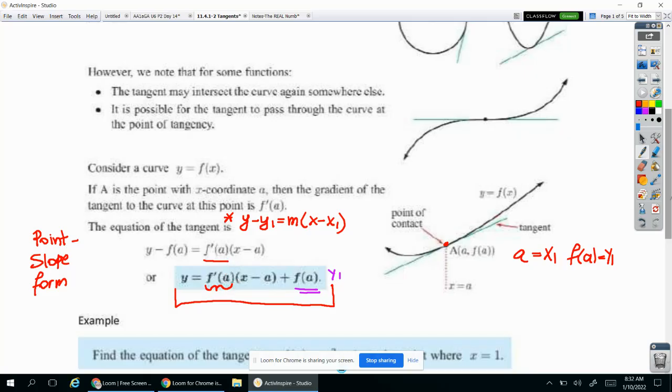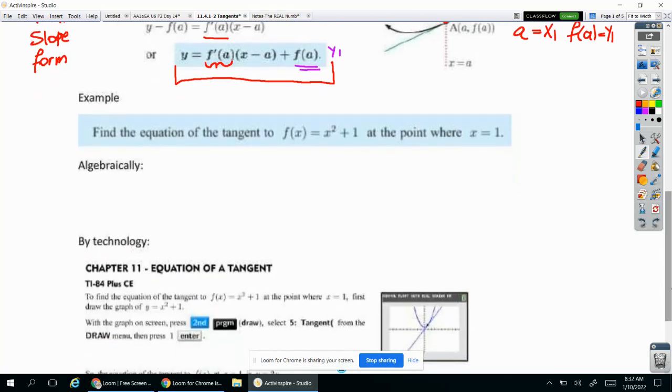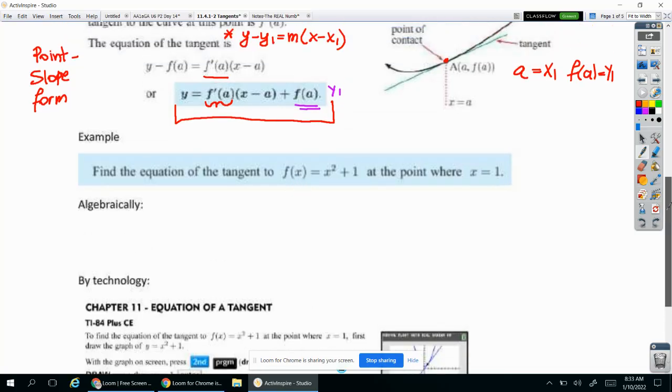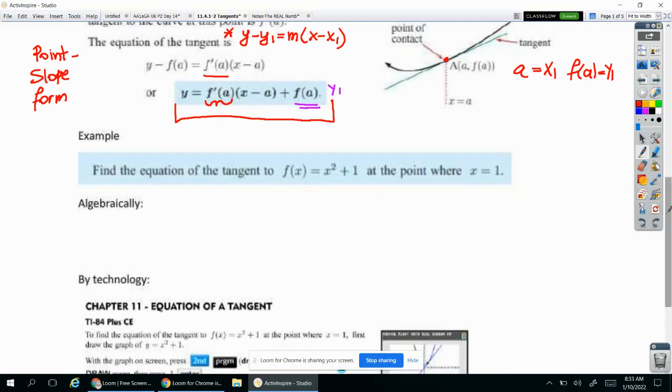So let's do an example over here. It says find the equation of the tangent to f of x equals x squared plus 1 at a point where x equals 1. So first, we need a point of contact, and we also need the slope of the tangent. So how do you find the point of contact?